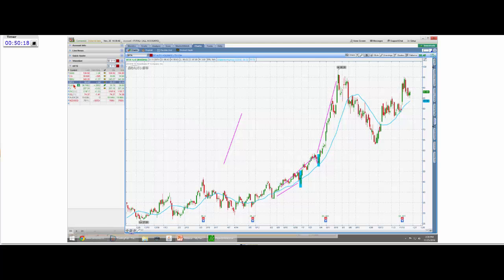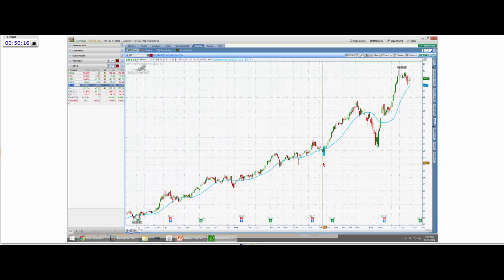Now, here's one more, LUV. Again, this type of stock is fantastic to trade with this system. When you get something that's been in an uptrend all year long, like this, then all you're doing is sitting back waiting for pullbacks and for a nice reversal signal to take you higher.